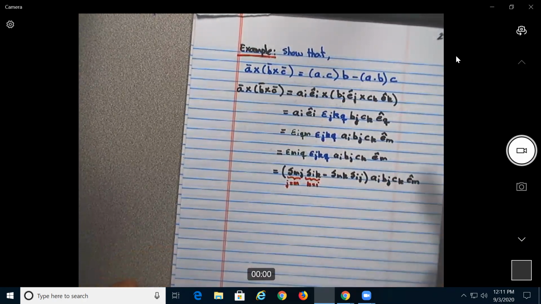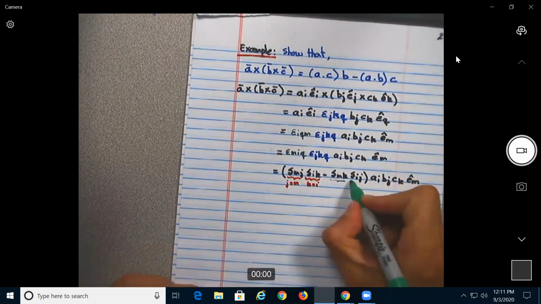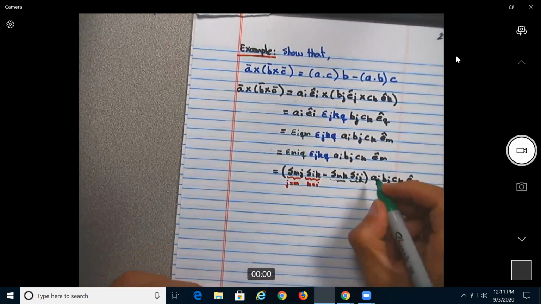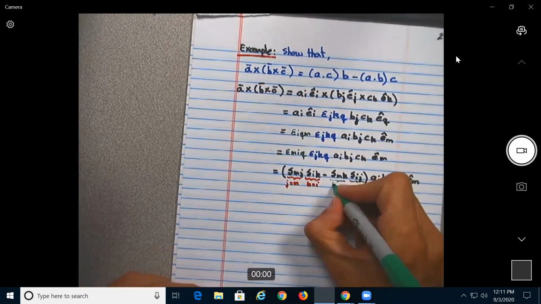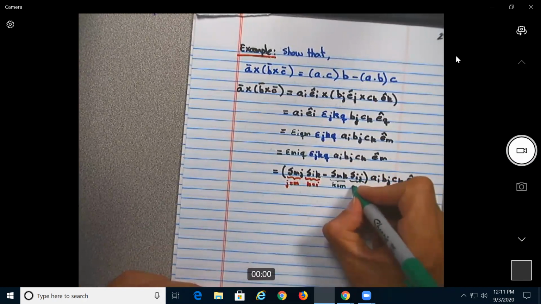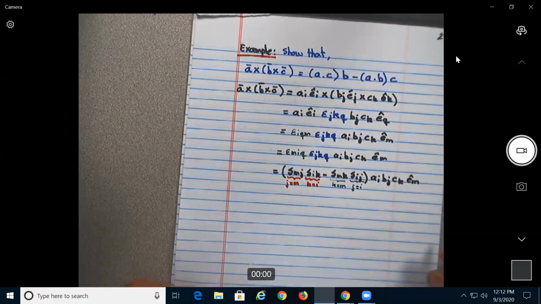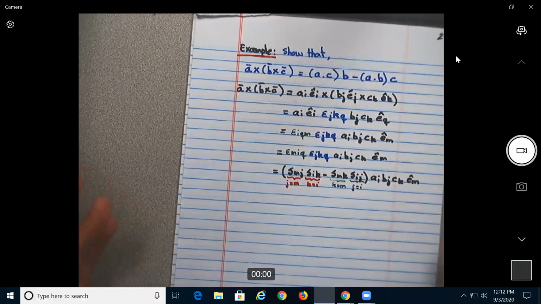So that would be our first case. And the second case will be what? This will mean that, you can change the order, k equal m or j equal i, no? Yeah.